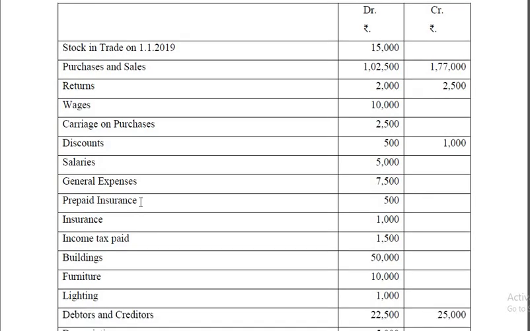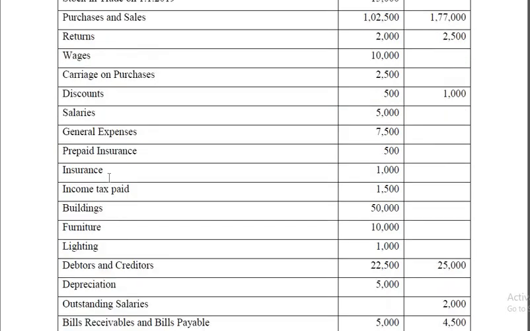Prepaid insurance, it is a representative personal account, should come to the asset side of the balance sheet. Only one treatment. Insurance should be debited to profit and loss account, and no question of deducting prepaid insurance because the insurance balance is after deducting prepaid insurance.